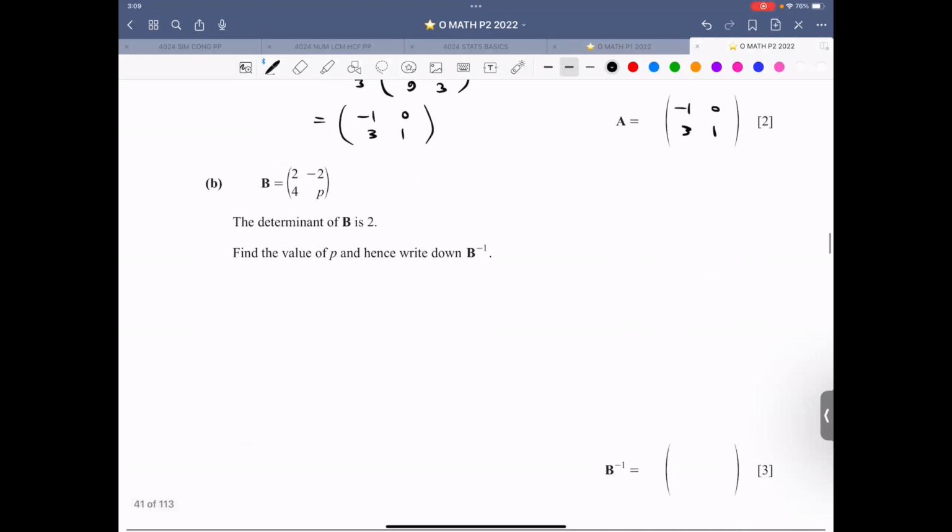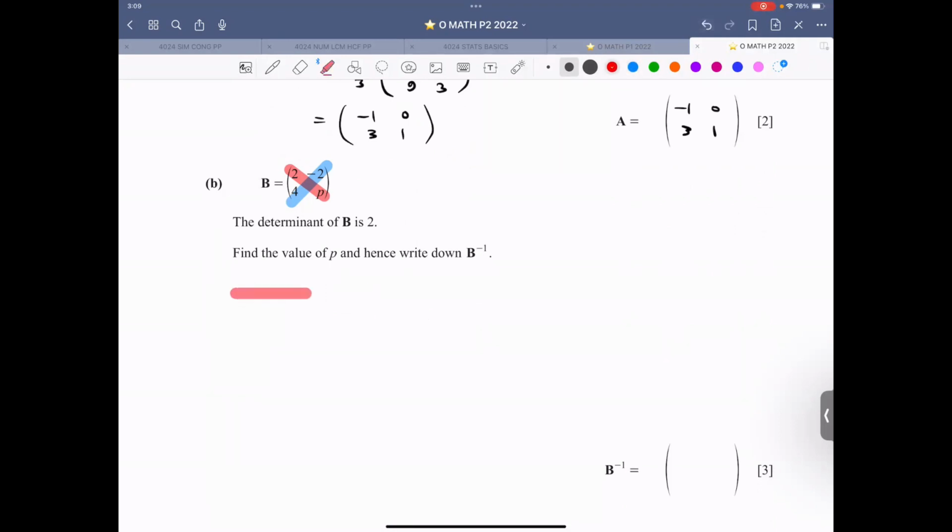The determinant of B is 2. Now, how do we find the determinant? We multiply this way, we multiply this way, and then we subtract. So first of all, this way, and then this way. So let me just make it bigger.